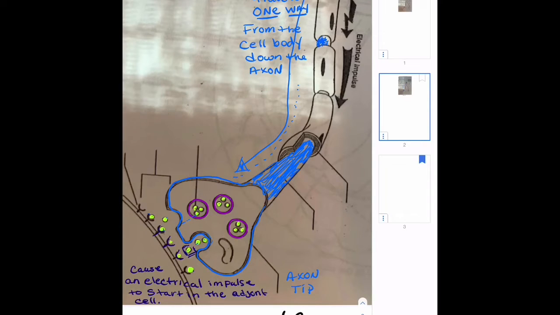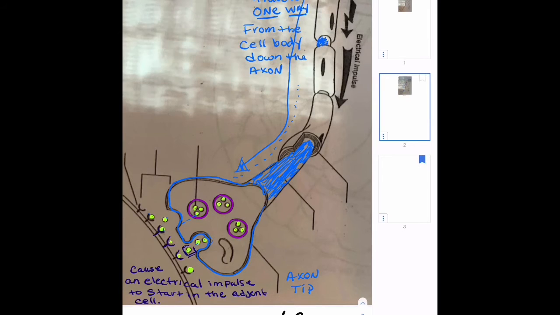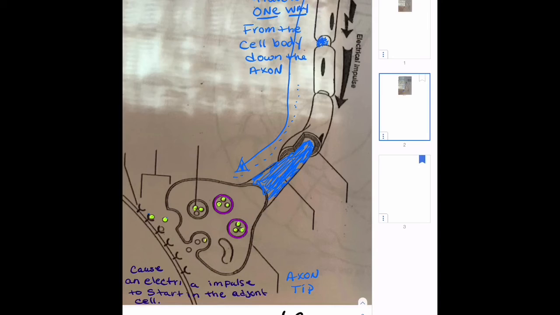But in order for these electrical impulses to get from here all the way to here, they have to bind to the receptor. In order for them to get there, they have to cross this tiny little gap that we have here. You guys see this gap?